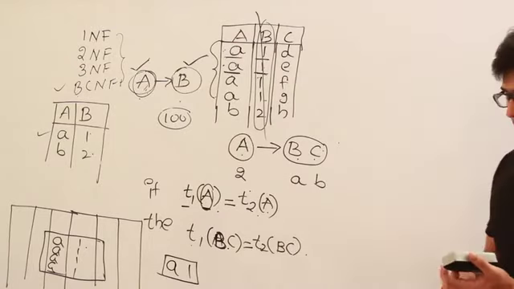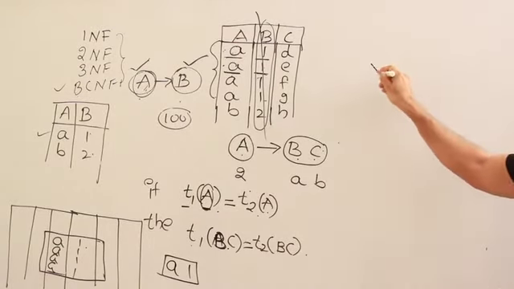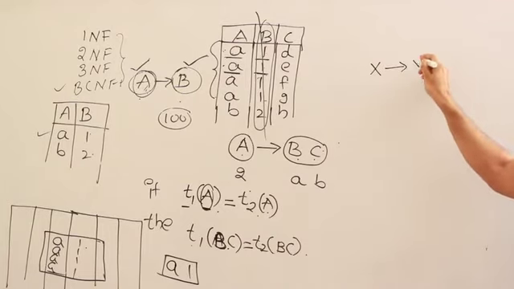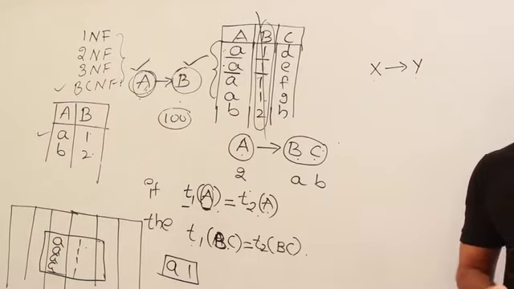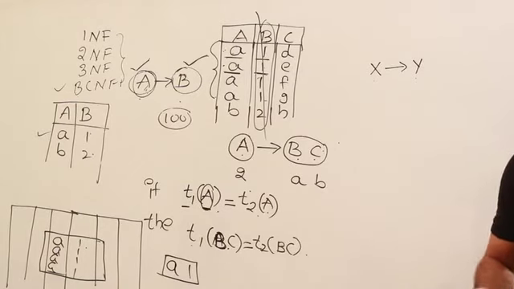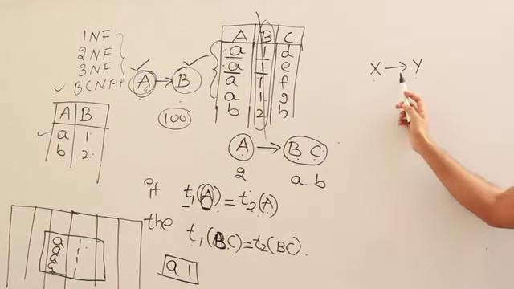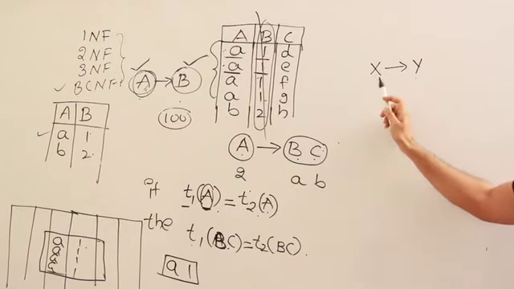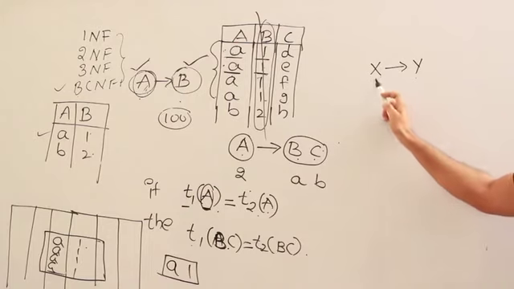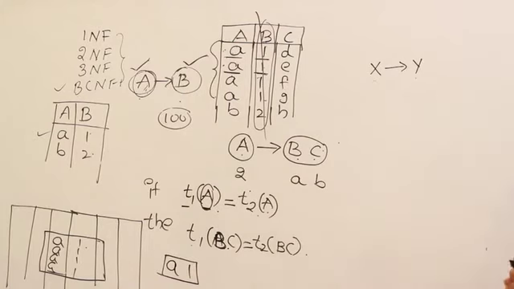In general, if you write x determines y, it is x determines y, not x tends to y, or x derives y. The same symbol we might have seen even in grammars, where we say x derives y, but here x determines y. Given the value of x, you can uniquely determine the value of y.